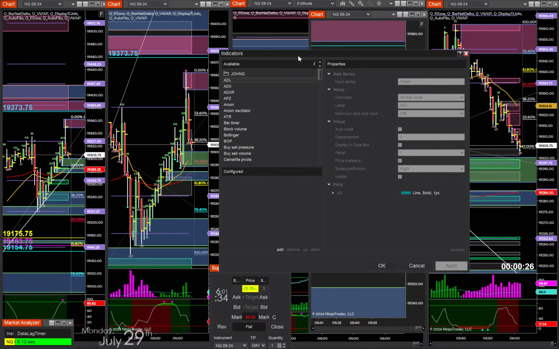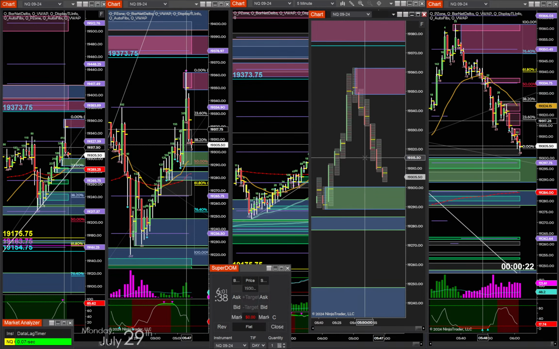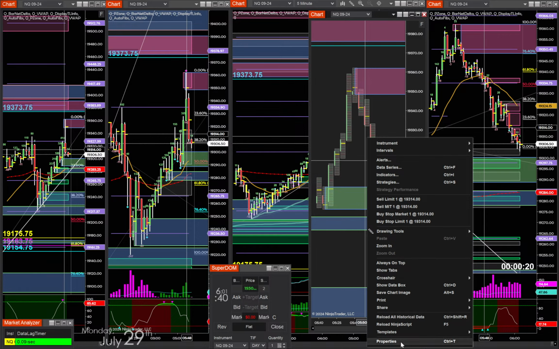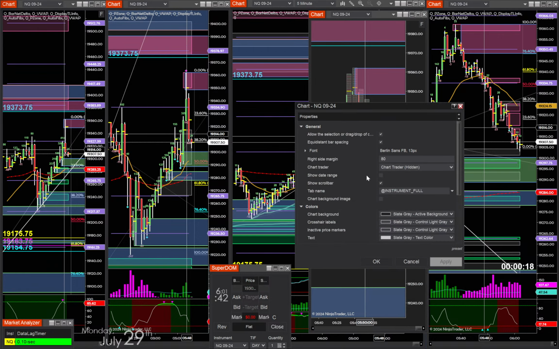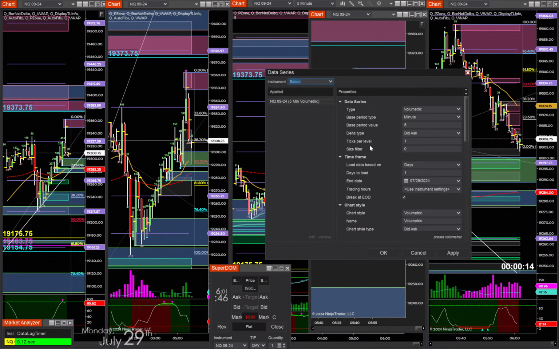So right here you'll see this bar. I think you already know this, right? In NinjaTrader, you have the lifetime license. It's called a volumetric.